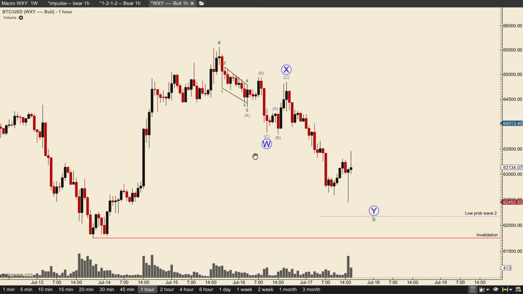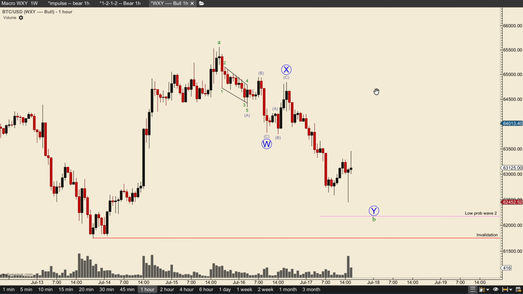And the WXY also has an equal probability to the 1, 2, 1, 2 bearish scenario, depending on how you want to count this move up. But as I mentioned, right now we are in a very messy structure where a lot of counts are possible. So it's better to focus now on the low time frames and let things pan out and become clearer.